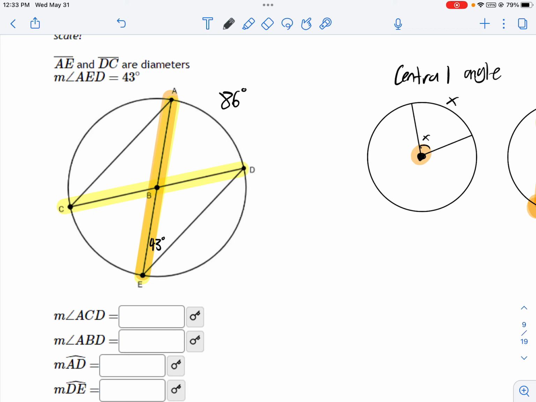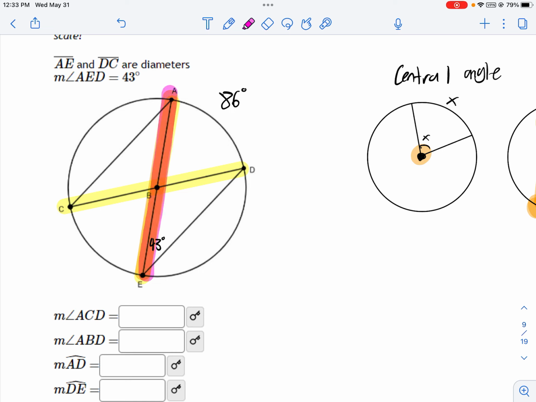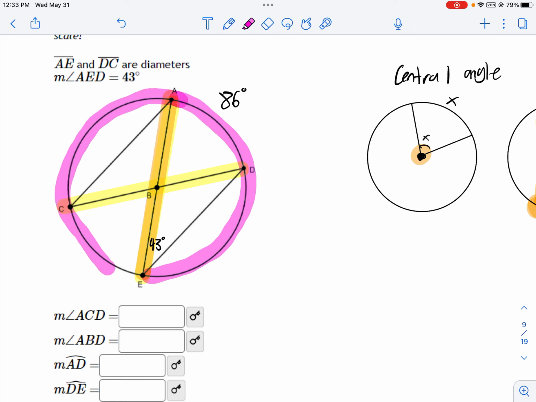Now that we know that, let's look at the other section. How can we use this diameter to find more for us? Think about it: a diameter slices a circle essentially in half. Whenever you have a diameter, that's always going to be half of your circle. If the entire circle is 360 degrees, half of it is 180 degrees.